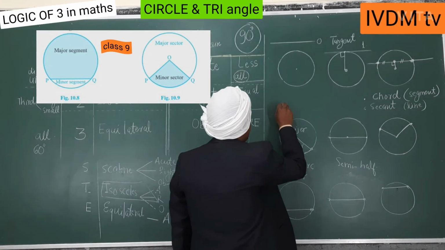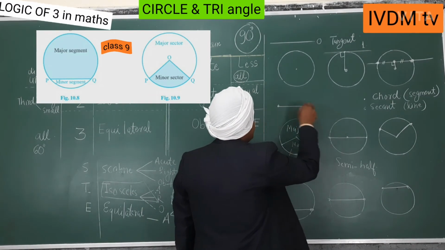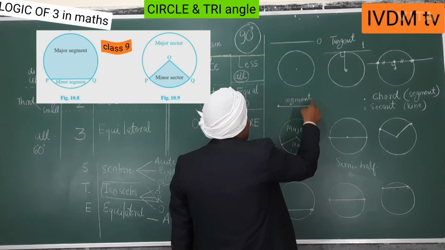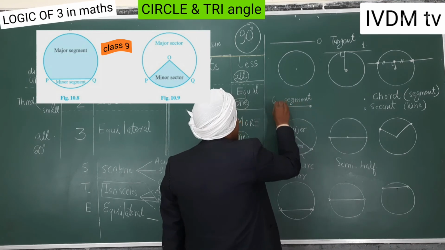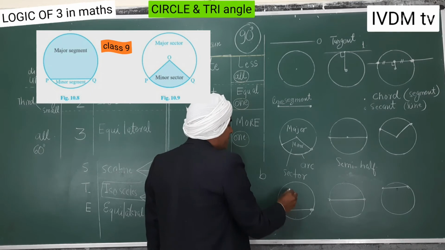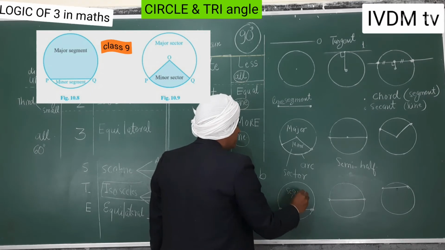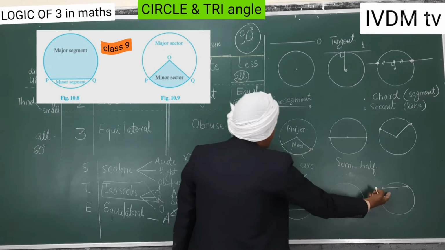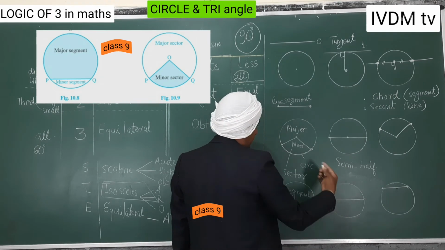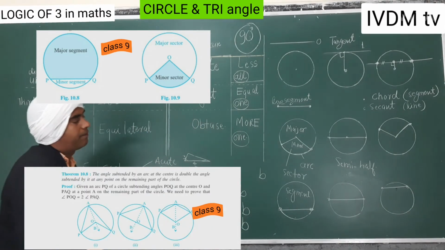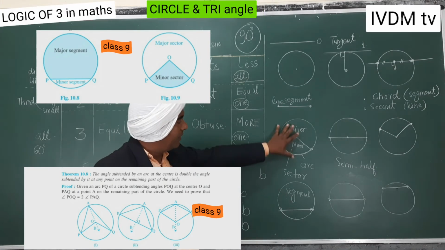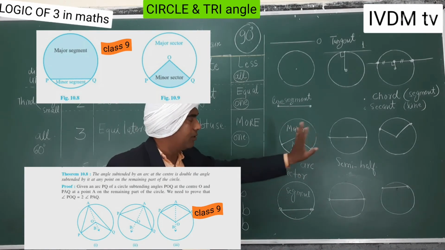A line segment means a part of a line. Similarly, circle segment. So this is called major segment, major, minor, or these are equal. So semicircle, half circle. So again we have three cases. So these were the conditions of the circle and the lines and angles also.